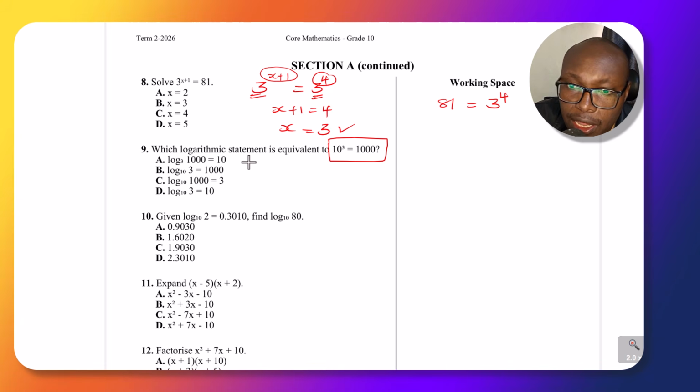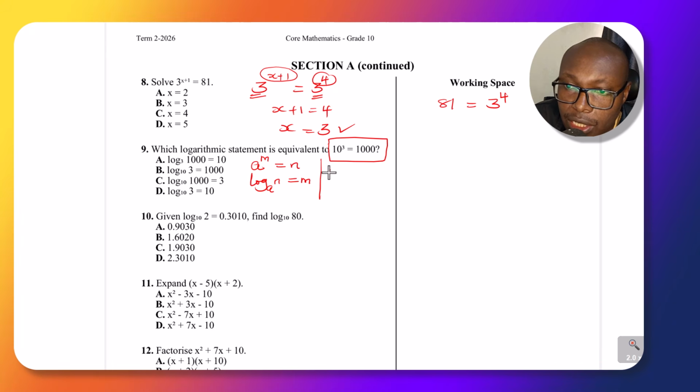So note that if you have a raised to power m is equals to n, that is written in index form, and you want to write this in logarithmic form, it will be logarithm of n to the base of a is equals to m. Now use that to work out this.